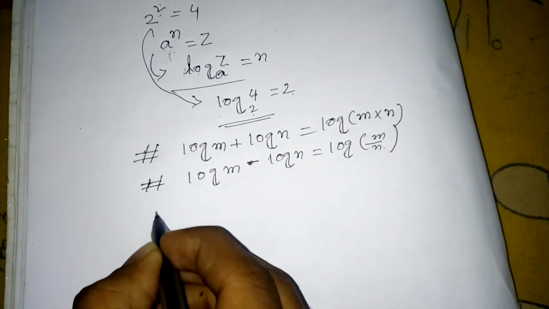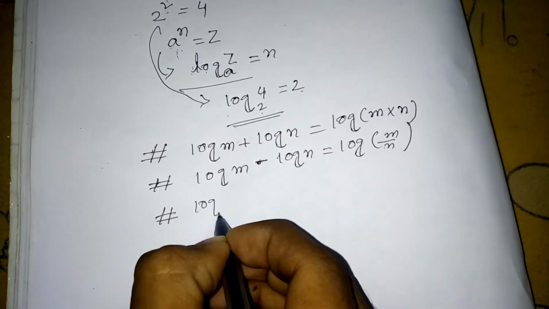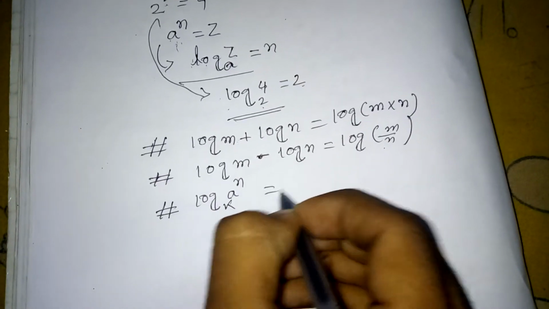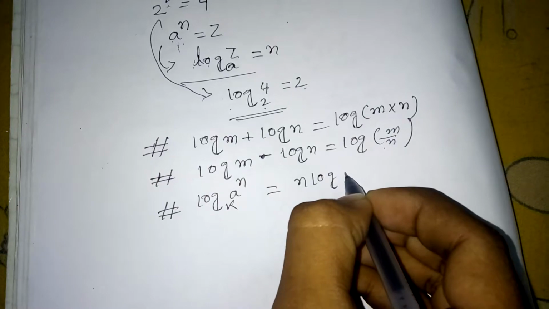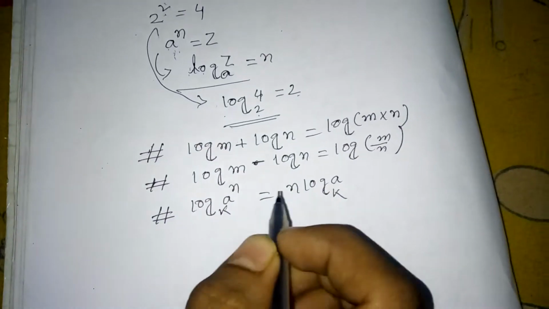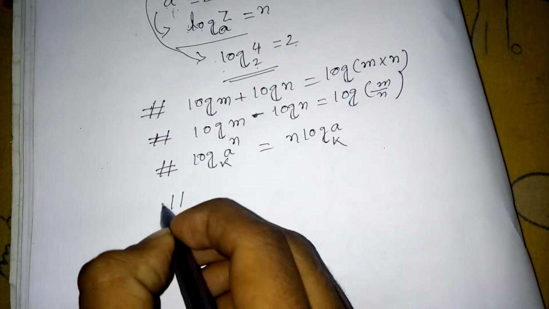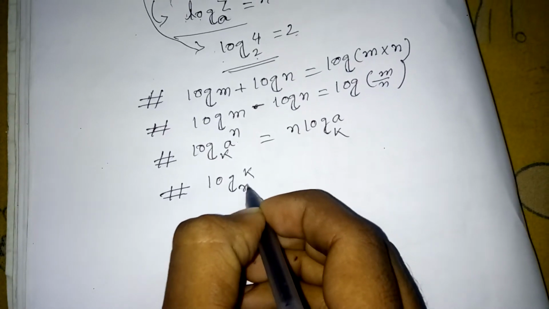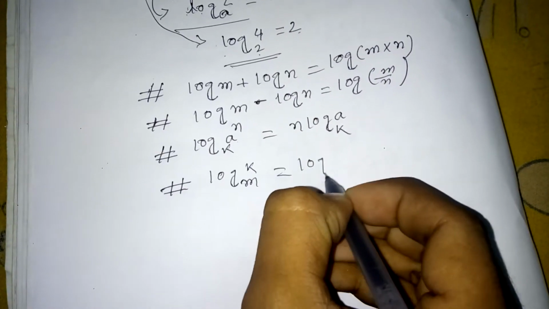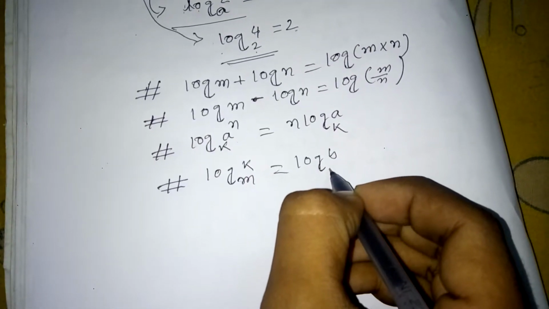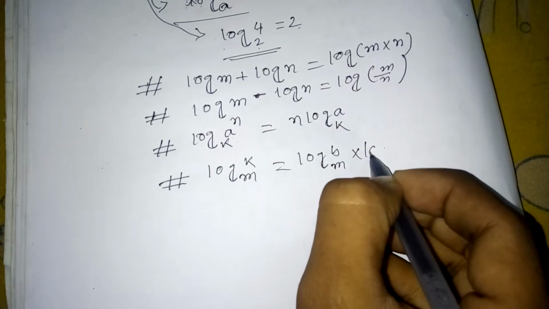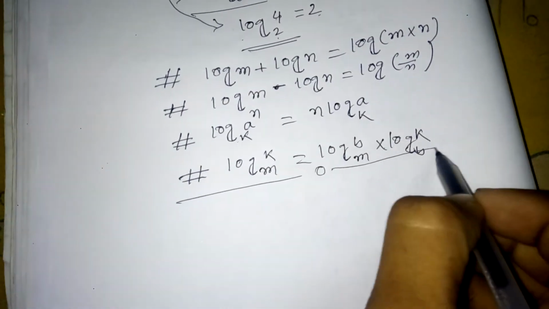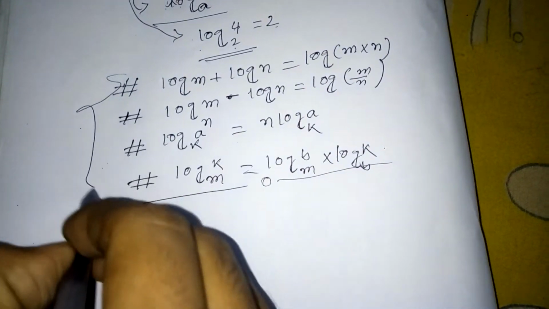Our third formula is log of a to the power n base k is equal to n times log a base k, and the last formula is log of k base m is equal to log of b base m into log of k base b. These are the major formulas of log.